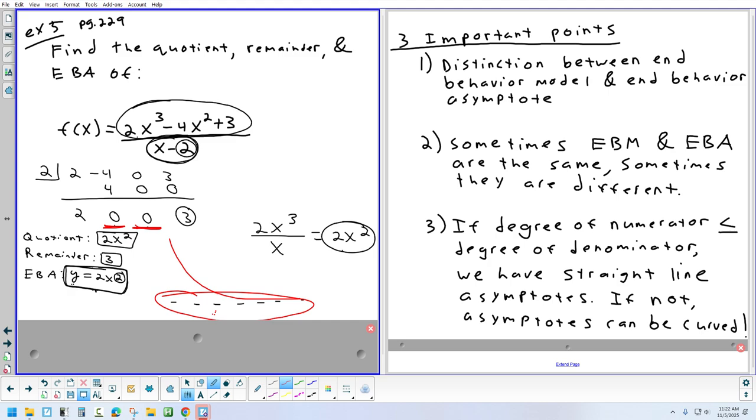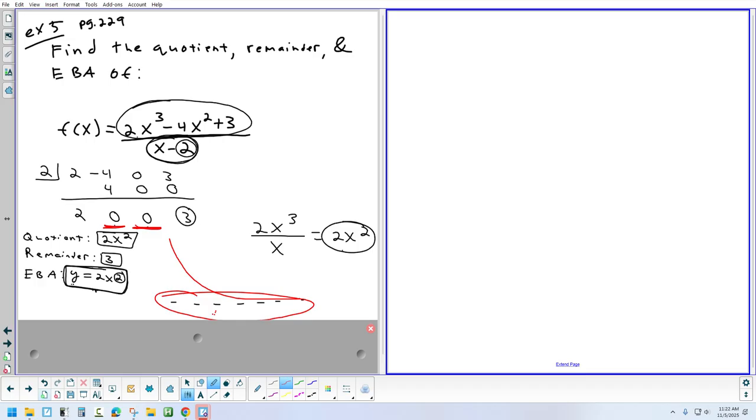What does a degree 5 asymptote look like? Well, in the worst, most complicated case, a degree 5 can turn 4 times. So 1, 2, 3, 4. So degree 5 could have something like that.